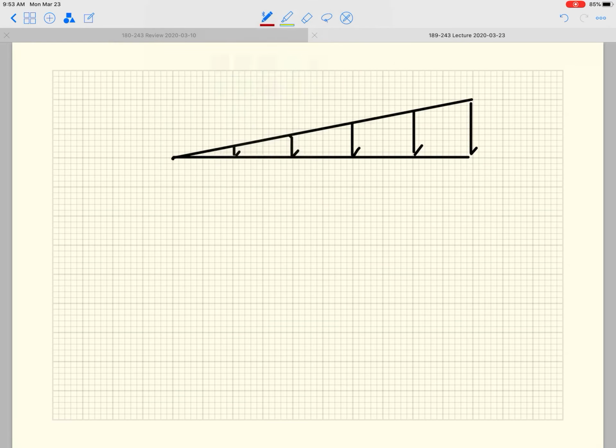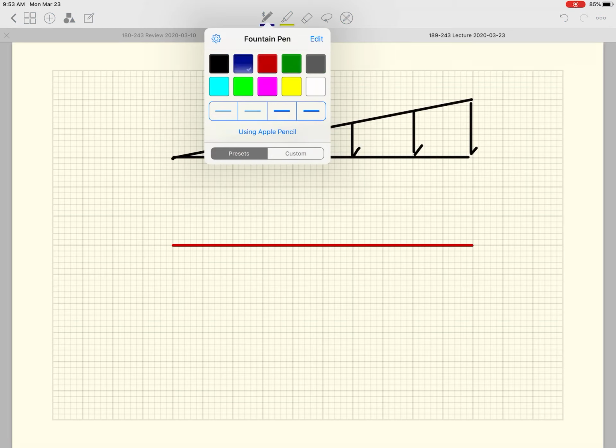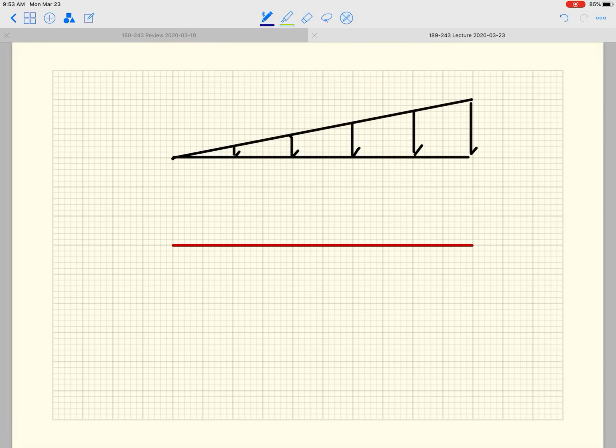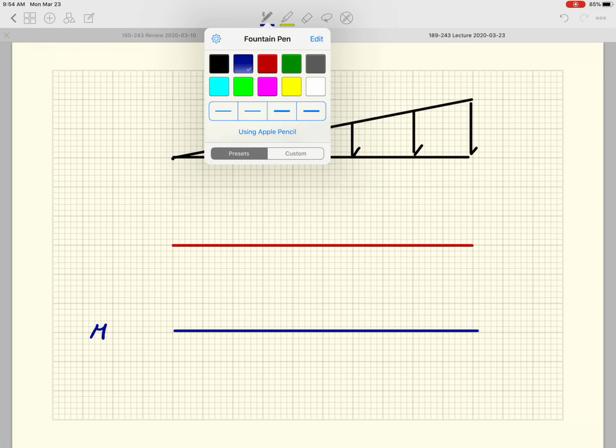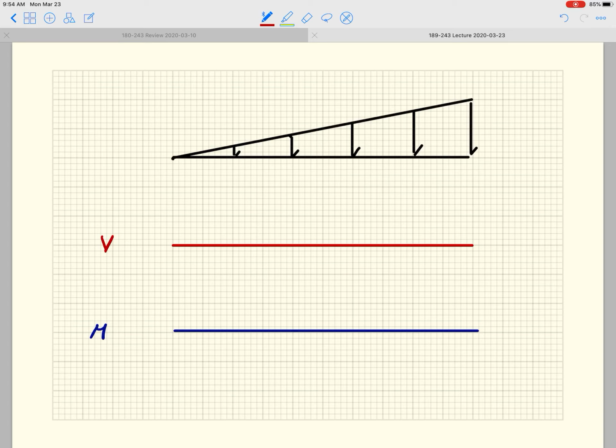I guess we'll do the shear diagram in red, and we'll do the moment diagram here in blue. So this guy is the moment, this guy is the shear, and I gotta remember to show the support conditions, right?